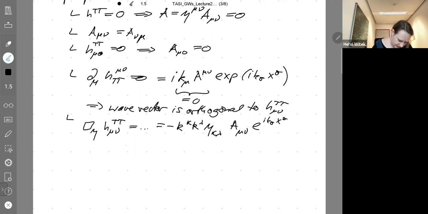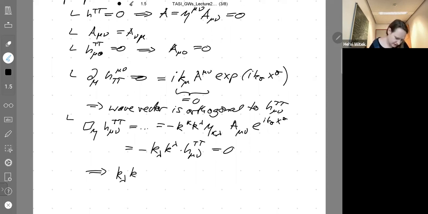That is, minus the norm of our wave vector k lambda times h mu nu TT itself, and because we are looking at the wave equation in vacuum, this equals 0. So from this relation, it follows that the norm of the wave vector, k lambda k lambda, equals 0. So the wave vector is a null vector.